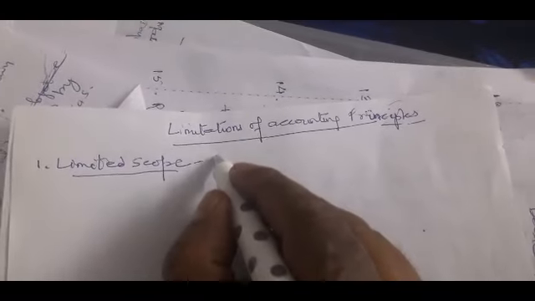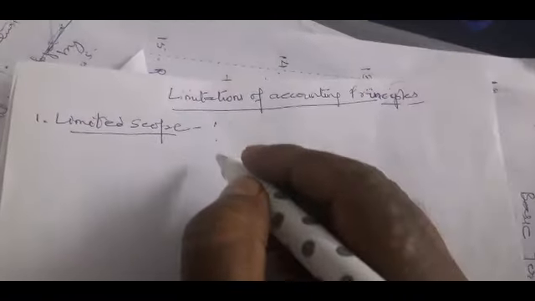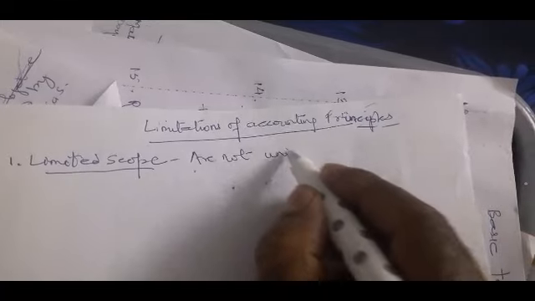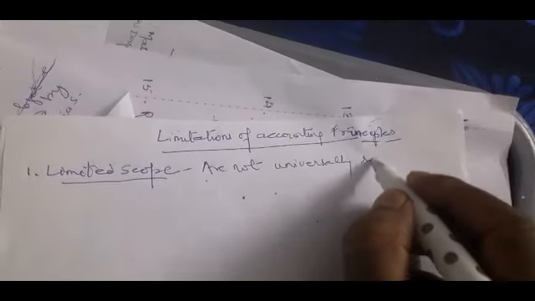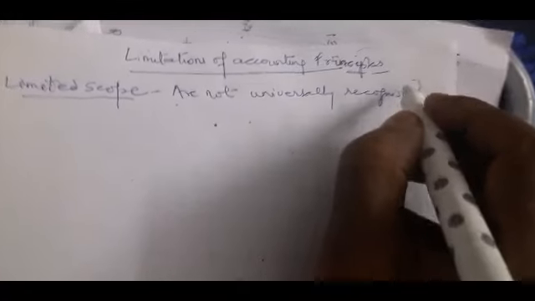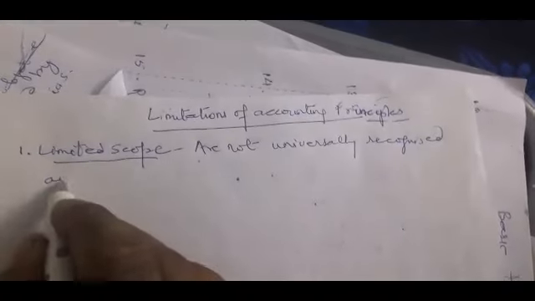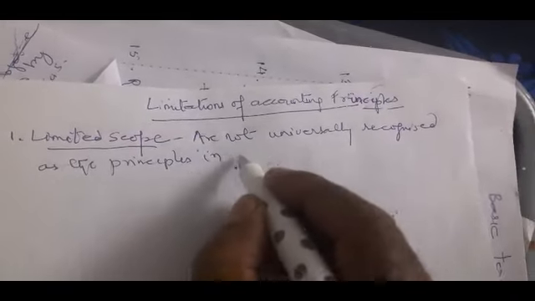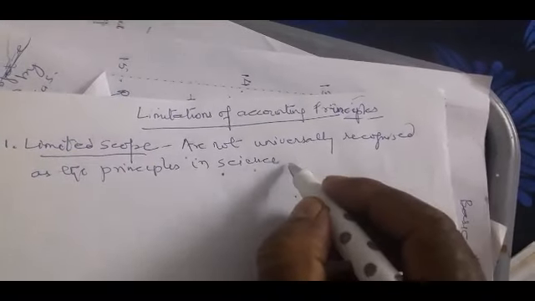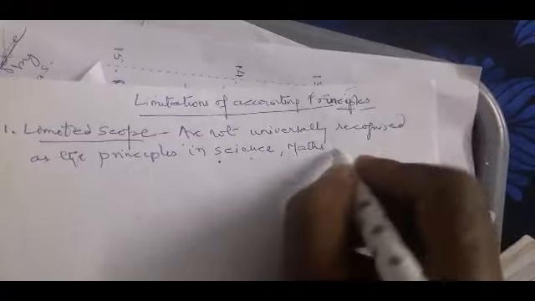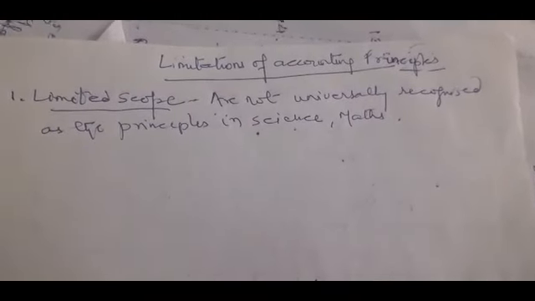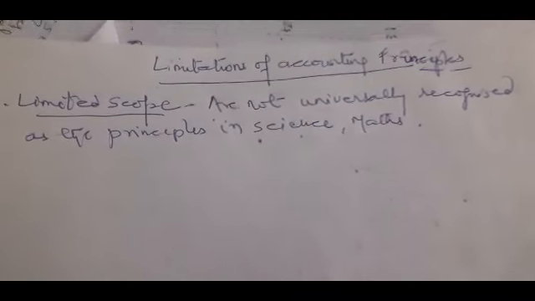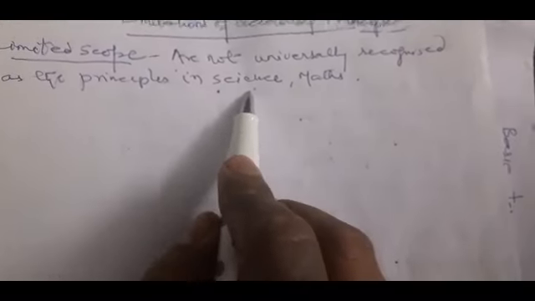Although it is said that they are universally accepted, these principles are not universally recognized. The principles in the field of science or in the field of maths are very widely accepted in the same manner, but the accounting principles in the field of accounts are not universally recognized like the principles of science and maths.